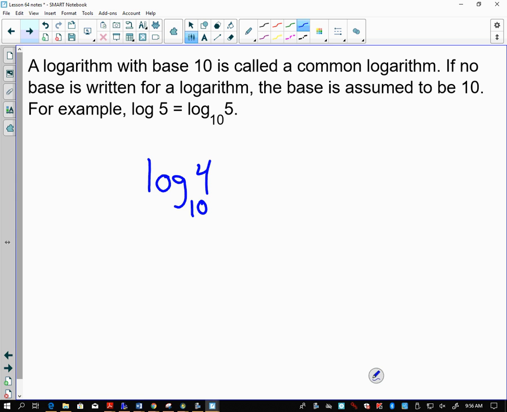In the log form, the unseen understood number is 10. If no base is written for a logarithm, the base is assumed to be 10. So for example, log of 5 is the same as log base 10 of 5. Okay? Do we understand that? Again, we're kind of taking one step at a time together here.